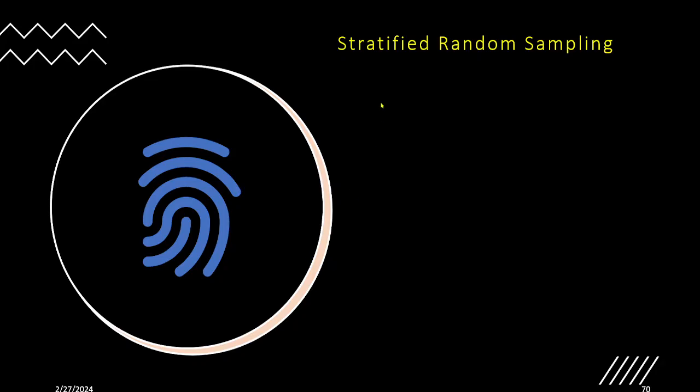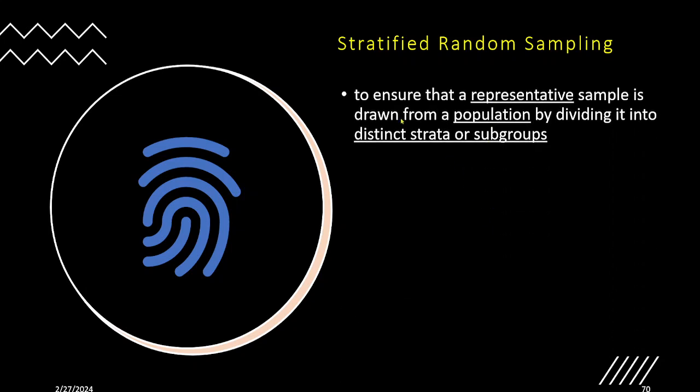Let's move on. The next type of sampling method is stratified random sampling. Stratified means the layers or the groups or subgroups of data. This is to ensure the sample you draw is representative of a population, dividing the data into distinct subgroups, and then we randomly sample from each of these subgroups.